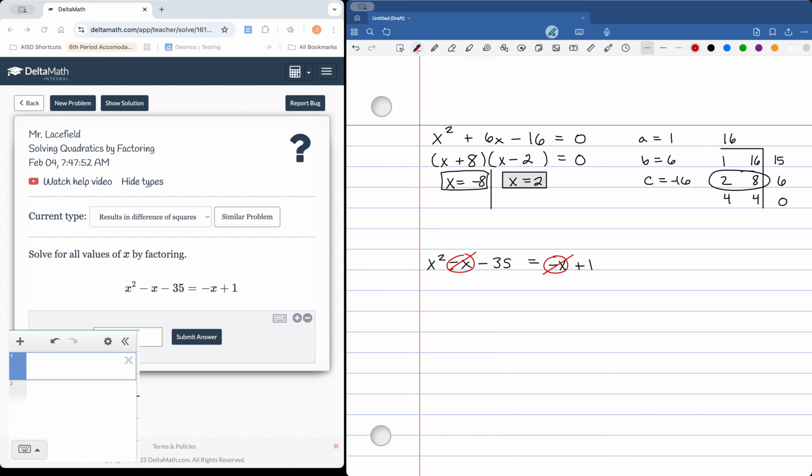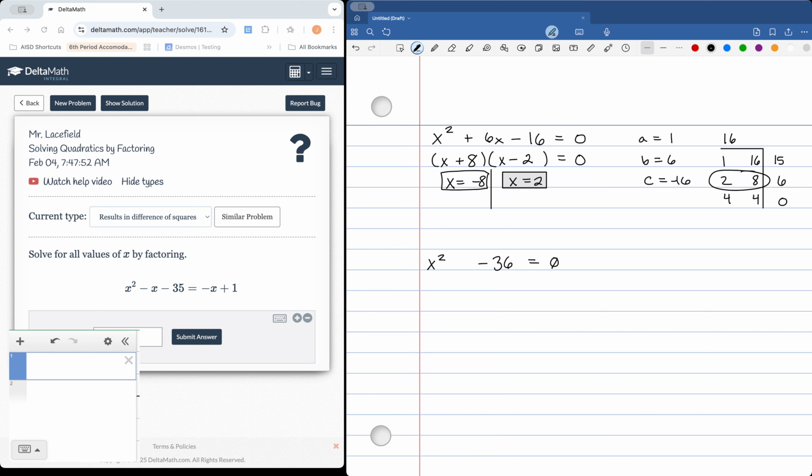And then with this plus 1, again, we want to make the right side go to 0. So we're going to subtract 1 from the negative 35. That's going to make this go to negative 36.